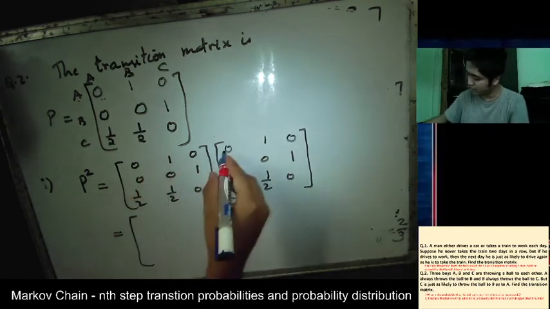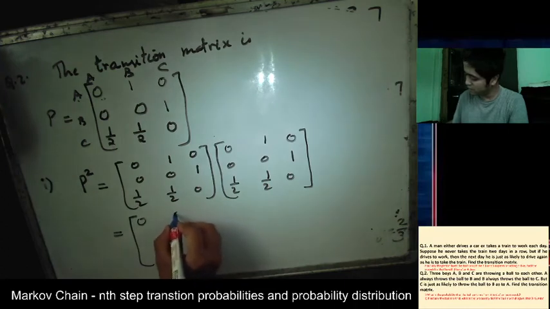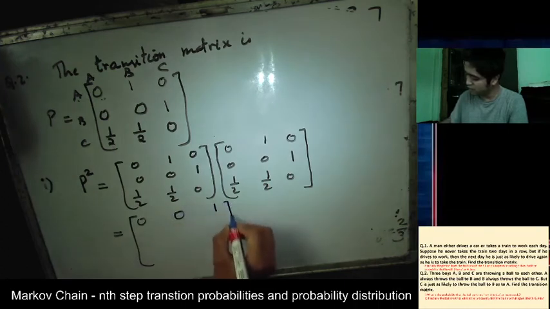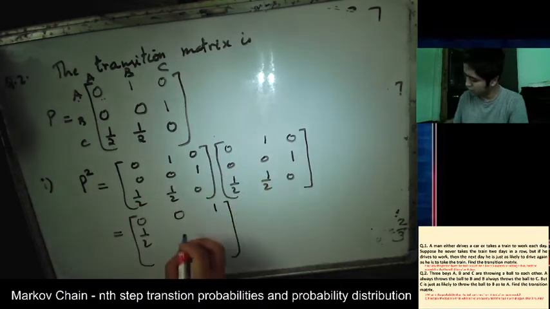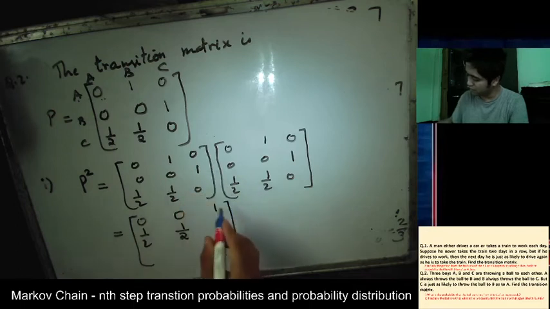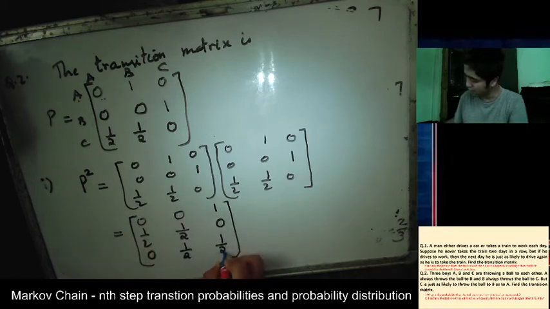After multiplying, we will have 0, 0, 1, then 1 by 2, 1 by 2, 0, and for the last row we'll get 0, 1 by 2, 1 by 2.